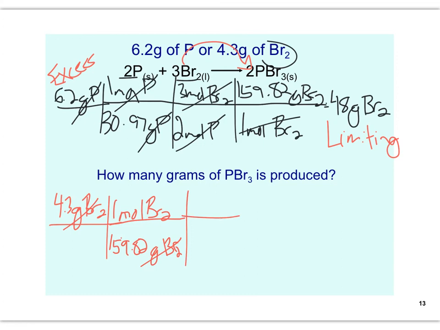And now our ratio for this, 3 Br2s for every 2 PBr3s, or phosphorus tribromides. And so we're going to put our 3 moles of Br2 per 2 moles of PBr3.